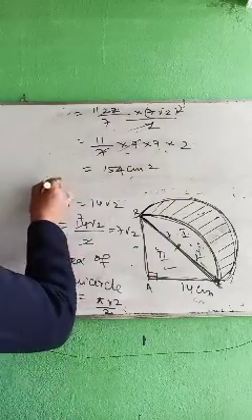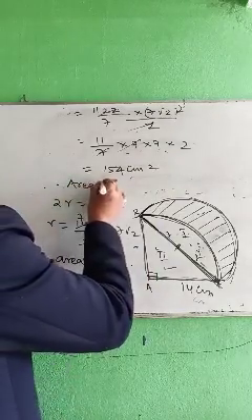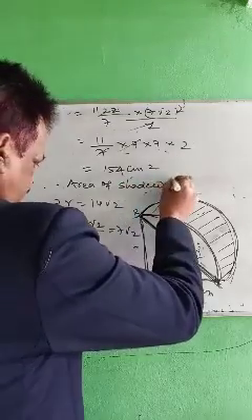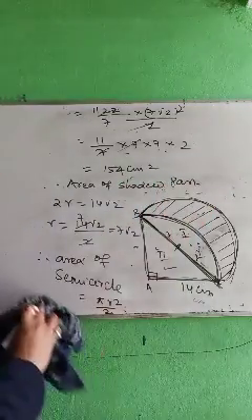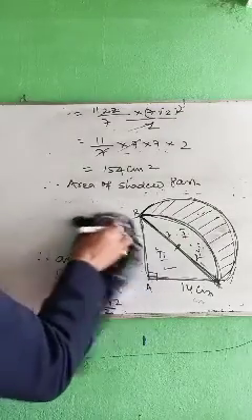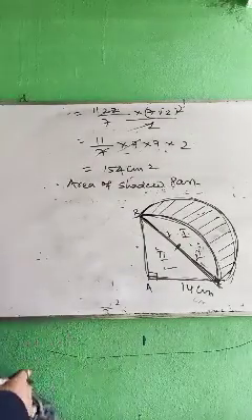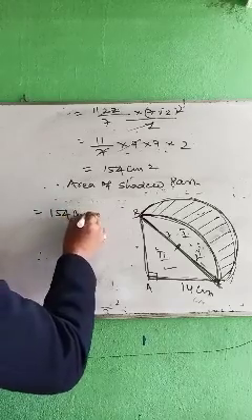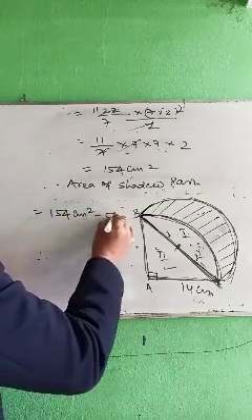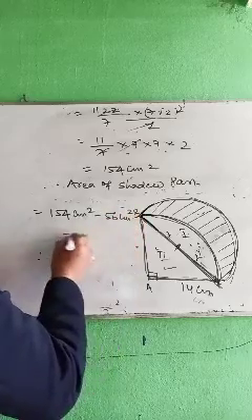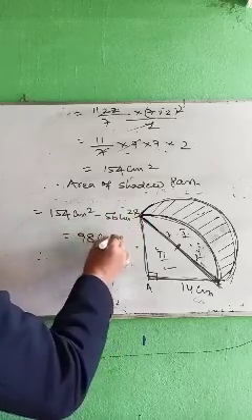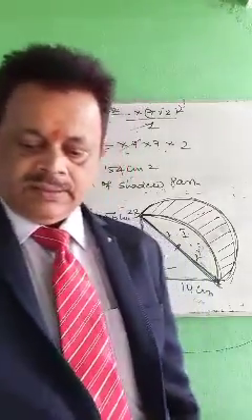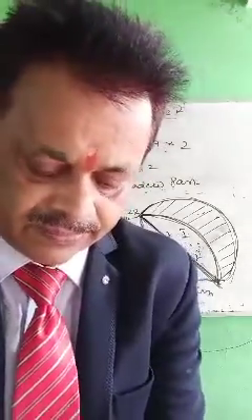Therefore, area of shaded part is 154 minus 56, part 1. 154 minus 56 is 98 centimeters square. Okay, see the next question.